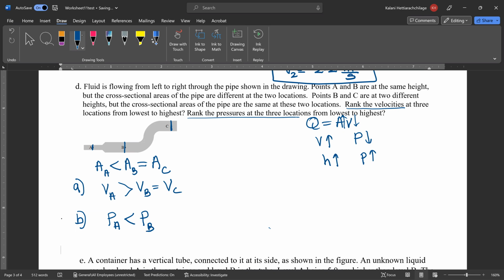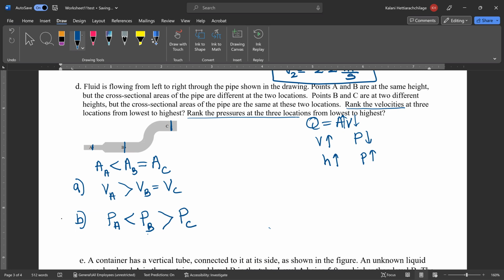But now B and C, you see that B is lower than C, because we know that Pascal principle says that when you're going in a downward direction, pressure is greater. Because of that, pressure at point B is greater than pressure at point C.